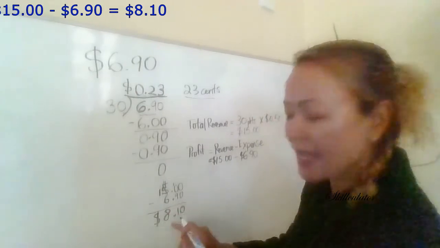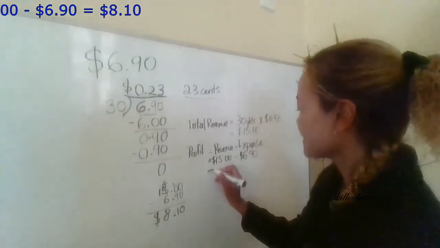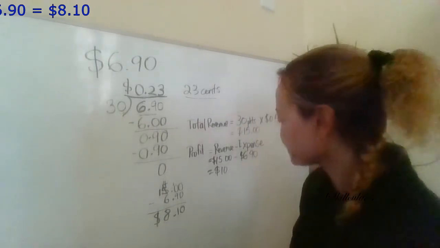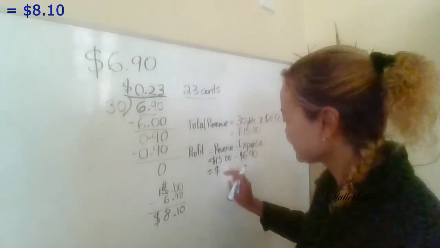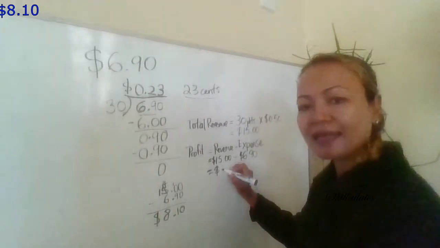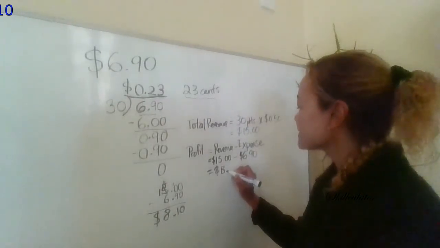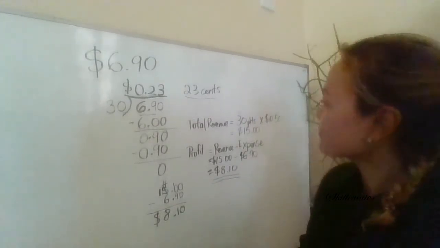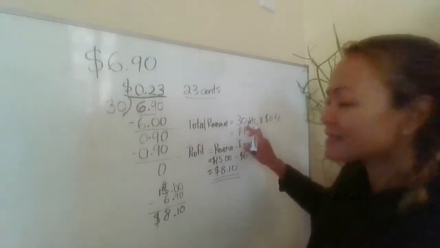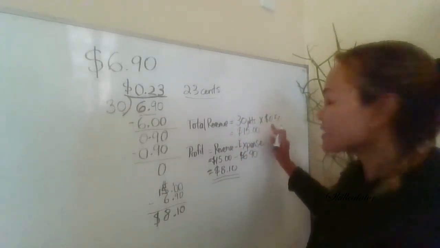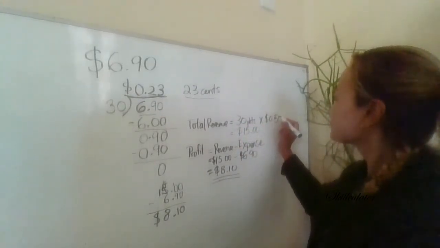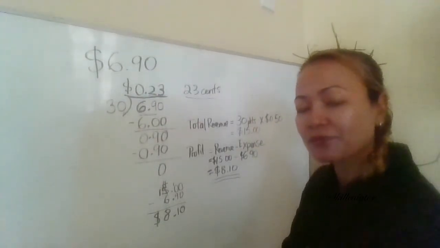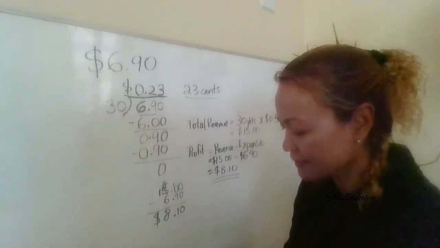So the answer is $8.10. $8.10 is the profit if I am selling the 30 packets at 50 cents each, and if I have paid $6.90 for the whole bag of 30 packets to begin with.